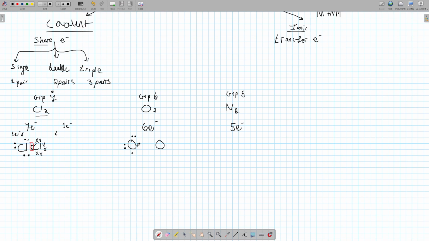And the other oxygen again, 1, 2, 3, 4, and then 5, 6. This oxygen has 6 electrons, and this oxygen has 6 electrons. To become 8, they need 2 electrons. And they see 2 free electrons over here. So they connect to each other.